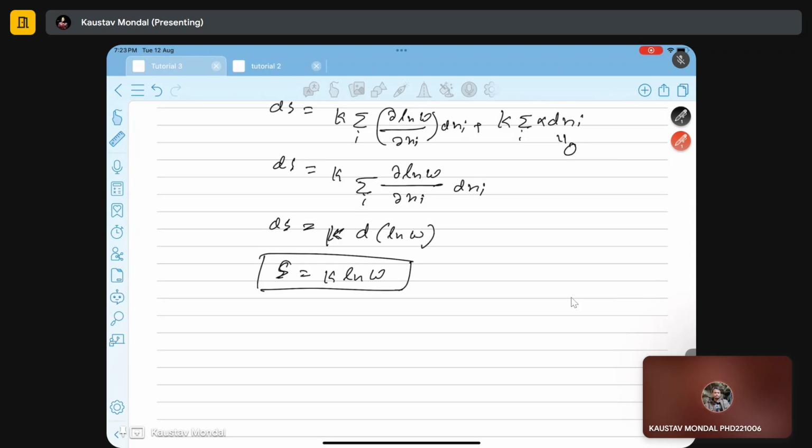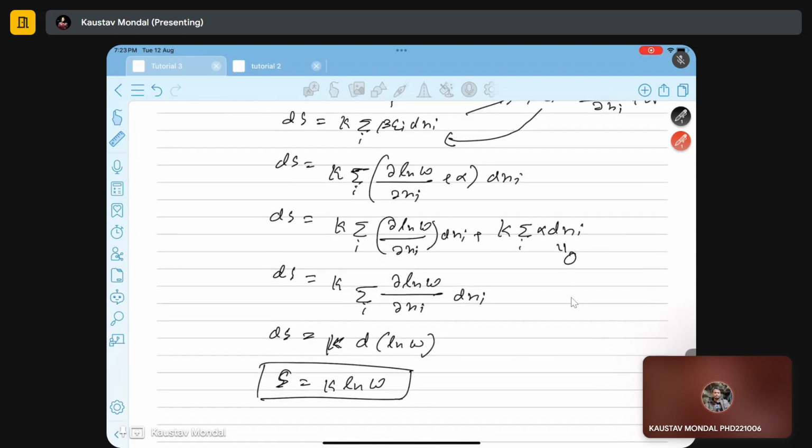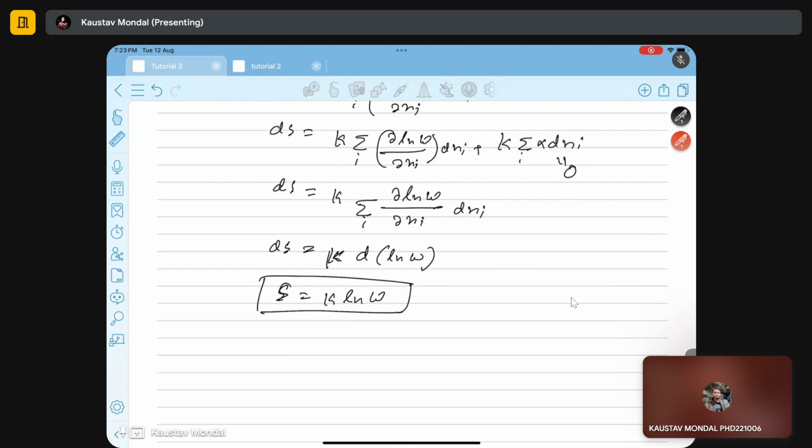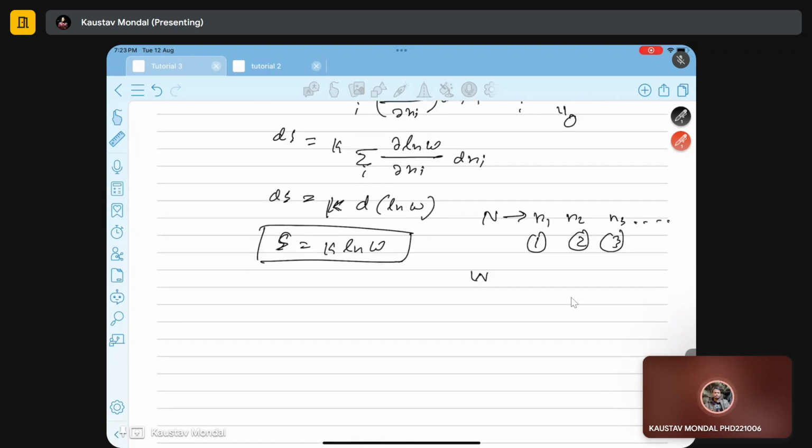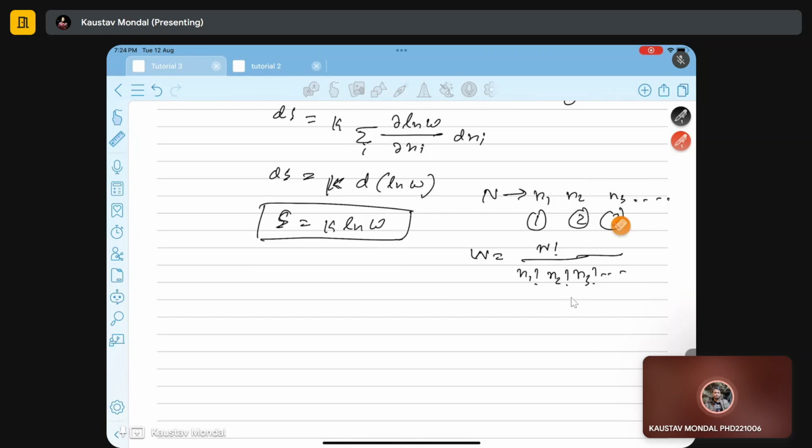Now W is the configuration. If out of N particles you put n1 particles in compartment 1, n2 in compartment 2, n3 in compartment 3, and likewise, then the number of possible combinations would be N factorial divided by n1 factorial, n2 factorial, n3 factorial, and so on. This is the weightage of this configuration.